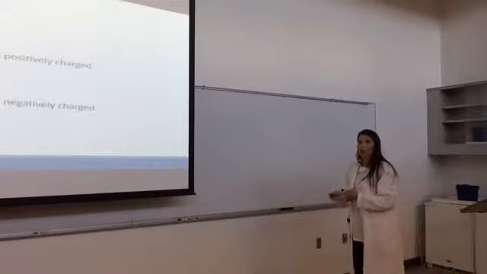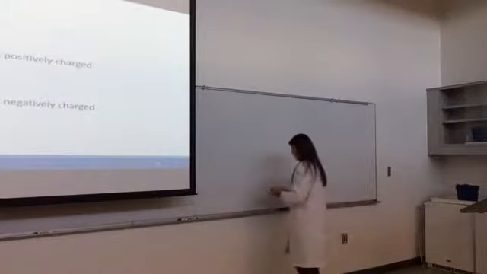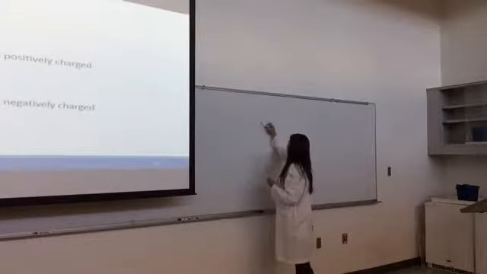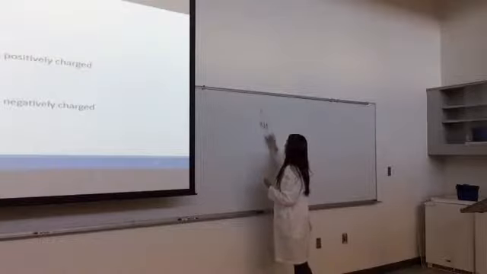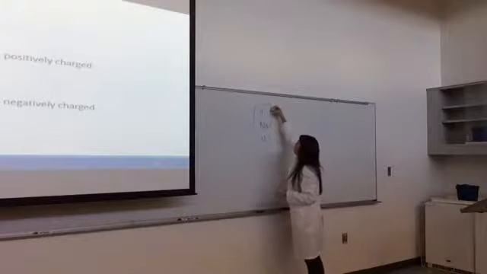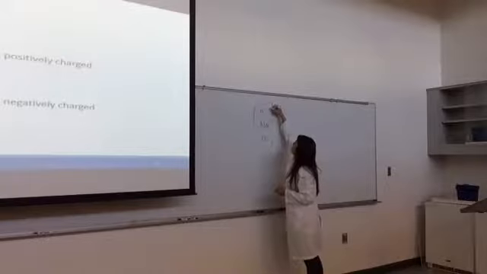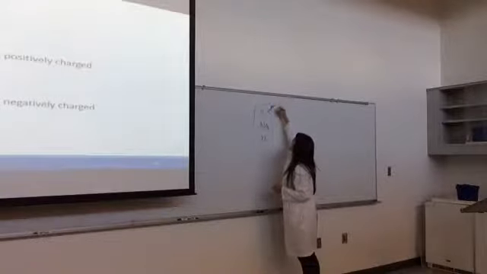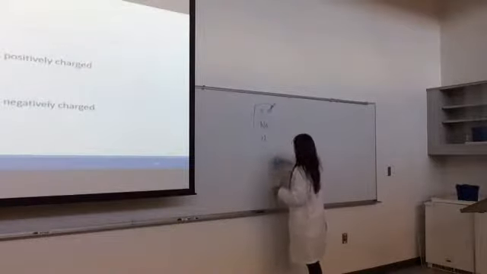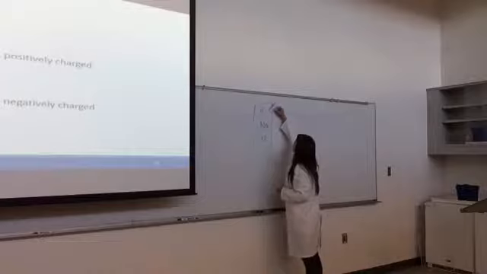So, when we did sodium, it has an atomic number of 11 and an atomic mass of 22. We know that because the atomic number is 11, that means that's the number of protons, which is also equal to the number of electrons.